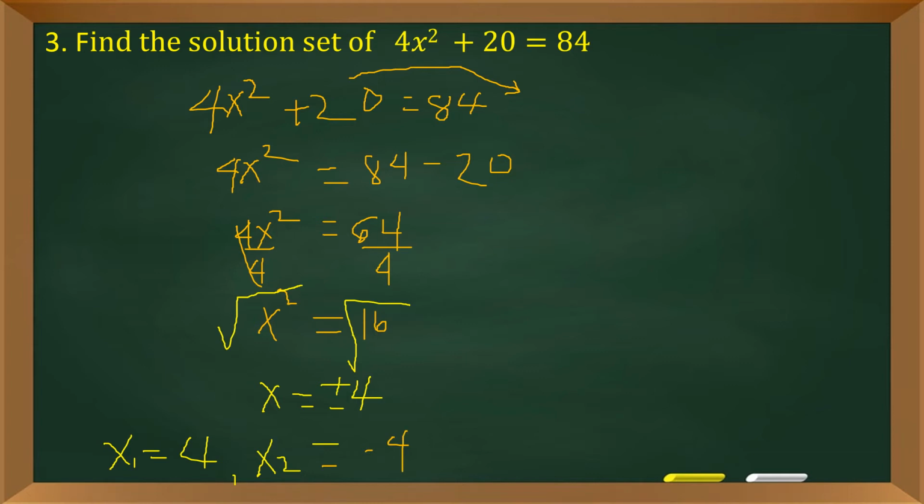Of course, we have to check if our values of x are really the solutions of this problem. So, by substituting the x of 1 and x of 2 to our original equation, then we can prove.